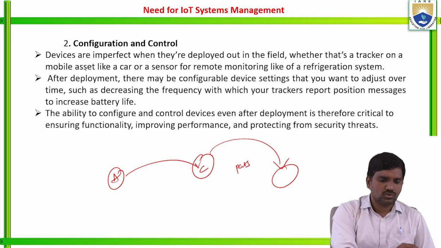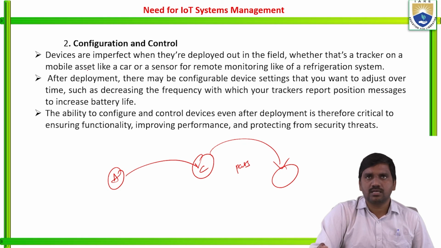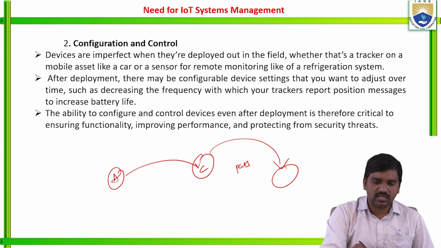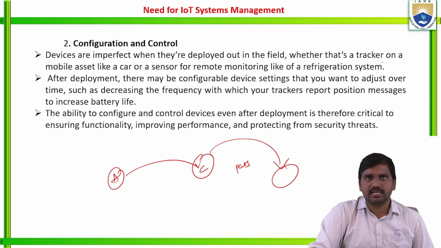So devices are deployed out in the field, whether on a mobile asset like a car or a sensor for remote monitoring like a refrigerator system. After deploying, there may be a configurable device setting that you want to adjust over time, such as decreasing the frequency with which your tracker reports the positioning message to increase battery life.